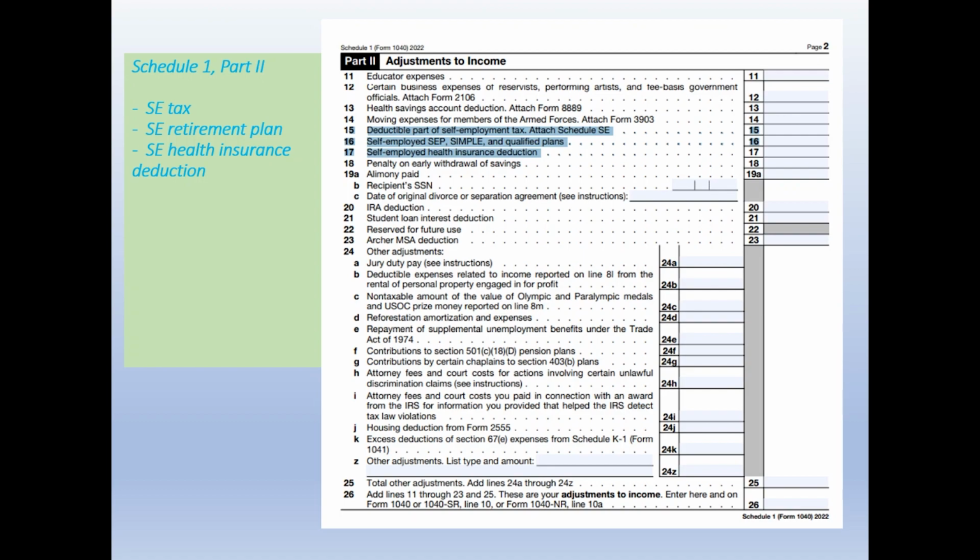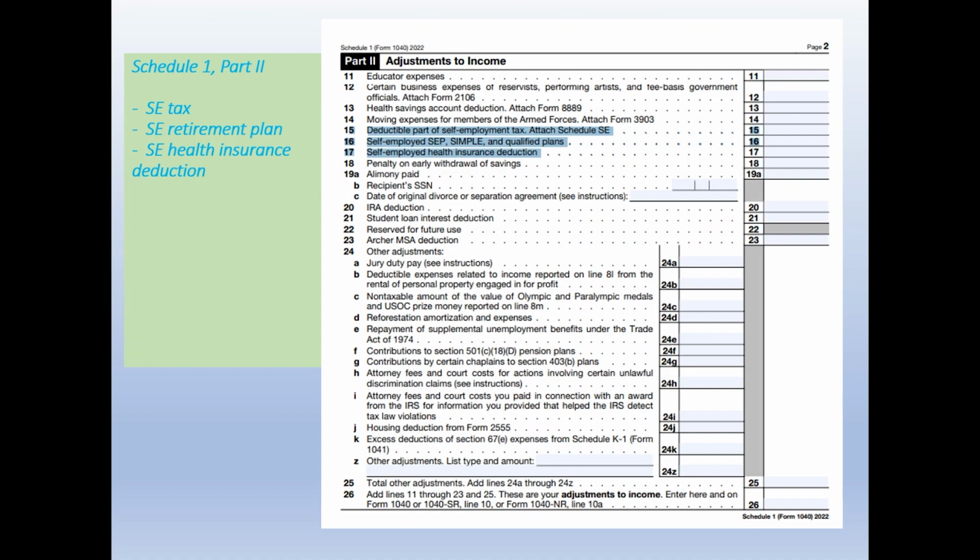self-employed people. They have to pay income tax and also self-employment tax. A portion of the self-employment tax is deductible, so that deduction is reported on line 15 over here. Also, if you are self-employed, you can contribute to a retirement plan, which is also deductible, so you report that on line 16. On line 17, if you're self-employed, you pay for self-employed health insurance.